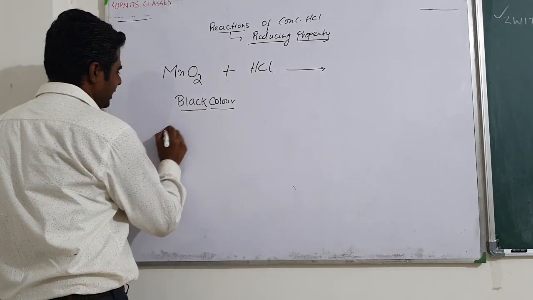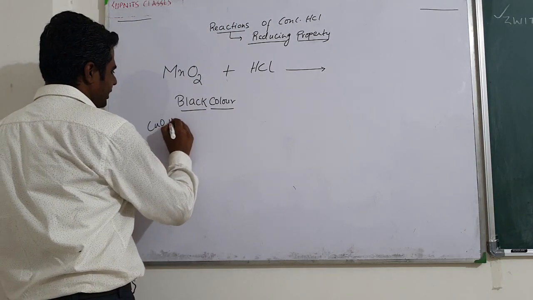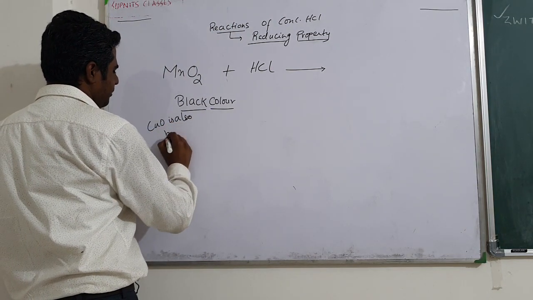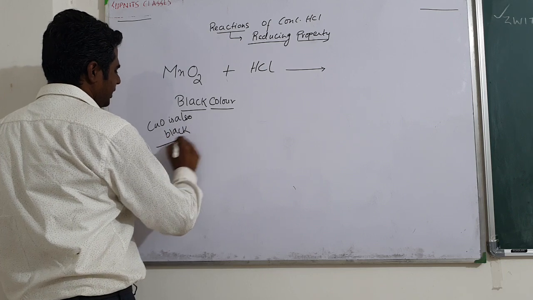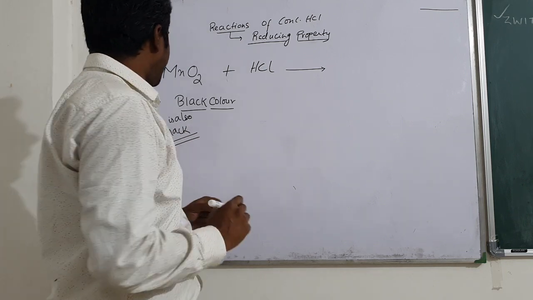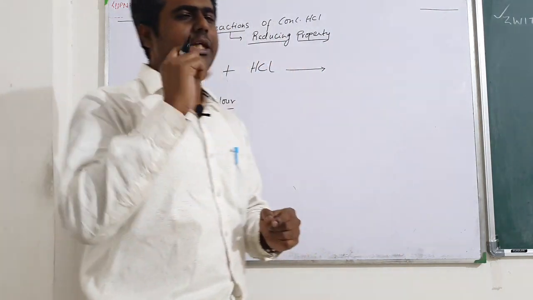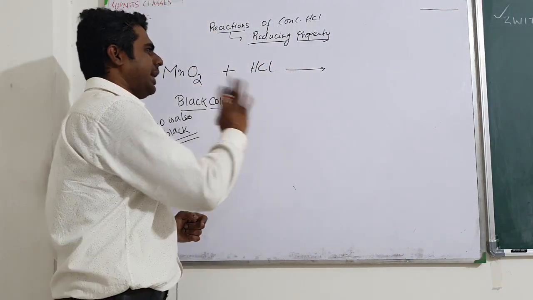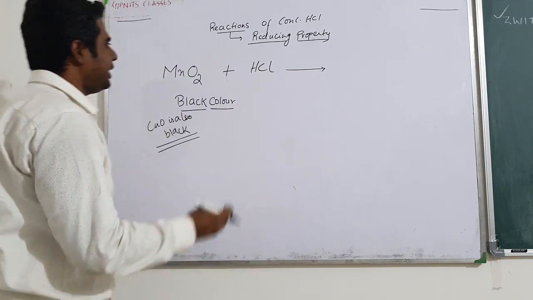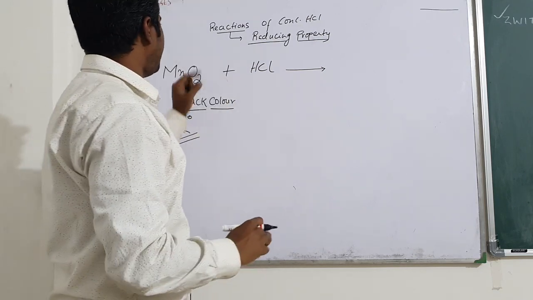So if somebody asks how you will differentiate between copper oxide and MnO2, you can differentiate them by reacting with HCl. So if you put concentrated HCl into MnO2, what will happen?